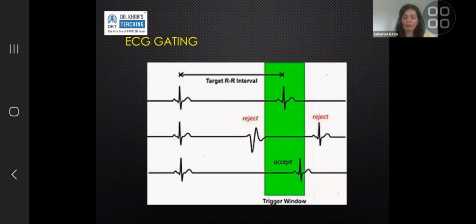Blood is not pumped into the coronary arteries like the rest of the arteries in the body. So these arteries are different from the rest of the body. They are filled in diastole. When the aorta is pumping out, it doesn't pump blood into the coronaries. When it goes into diastole, that's when the coronary arteries fill up. That's why we want to acquire those images in the diastolic phase.